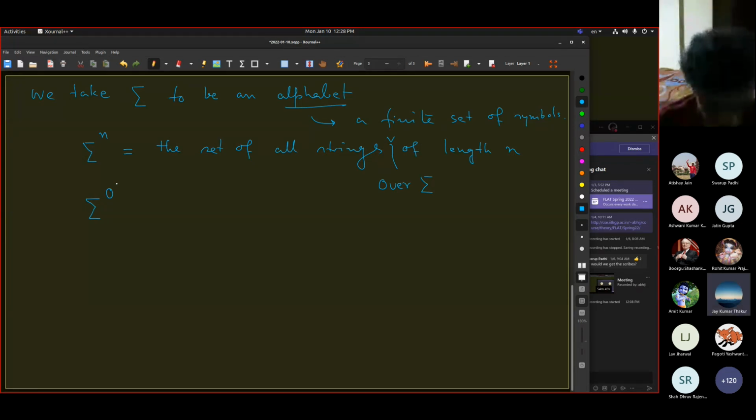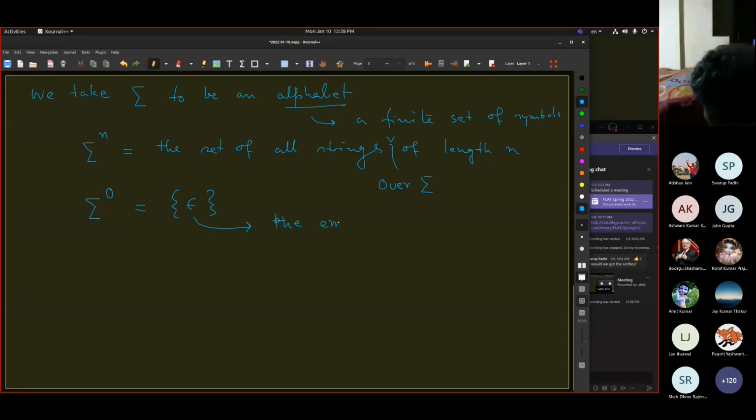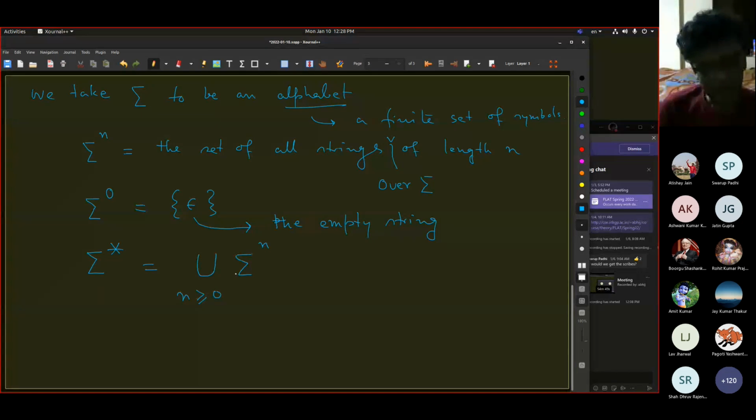The empty string. So this is nothing but this set. I will use this epsilon throughout this course to denote the empty string. And sigma star will denote the union of all sigma power n, n greater than or equal to 0, the strings of all possible lengths. These are just some notations.